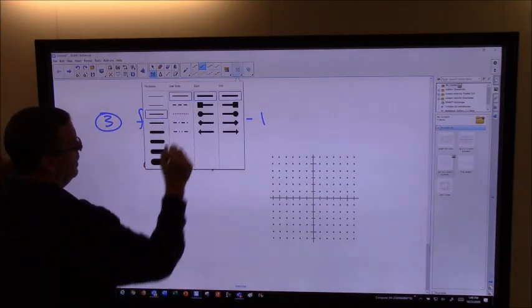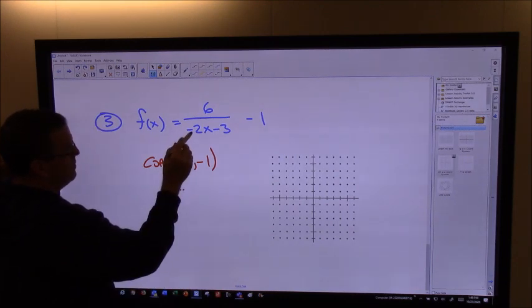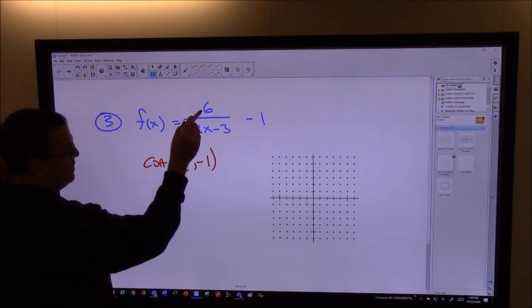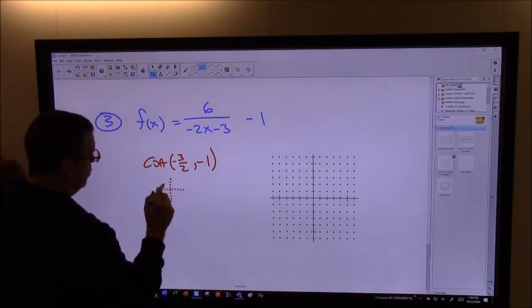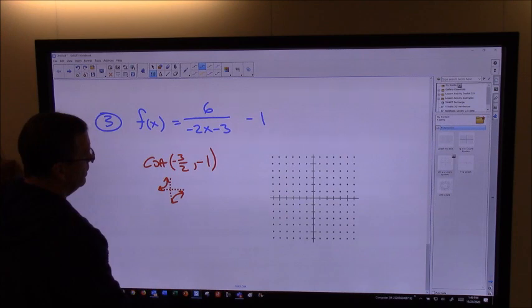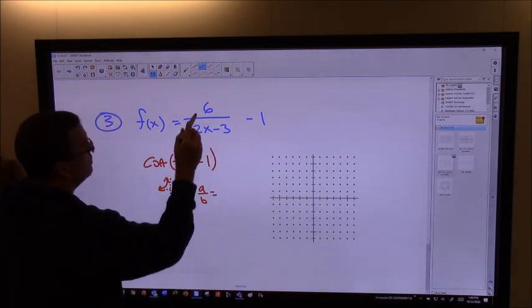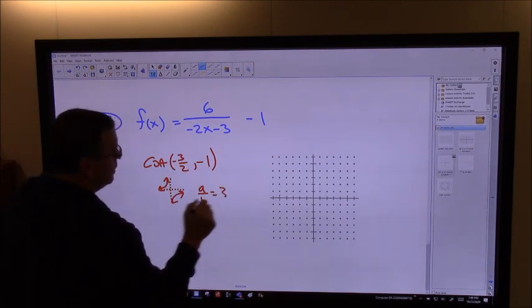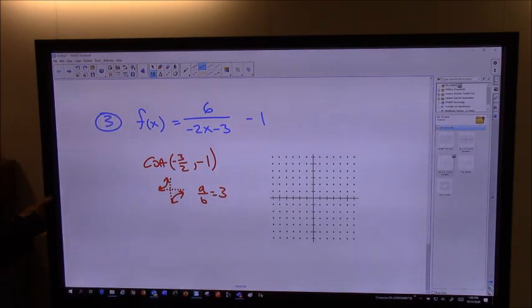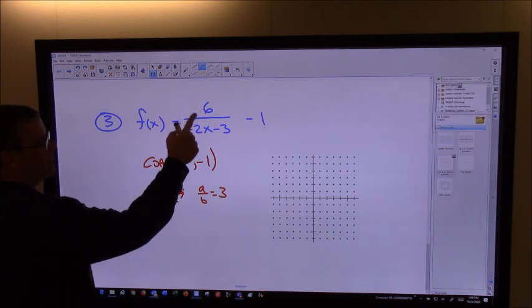I know that when I draw this graph, I'm flipping across the y-axis again, but not the x-axis. So once again, it's going to look like this. And my A divided by B value is 6 divided by 2 is 3. Okay, again, don't care about the negative sign. I don't have to worry about 6 divided by -2. I just want to know what 6 divided by 2 is.